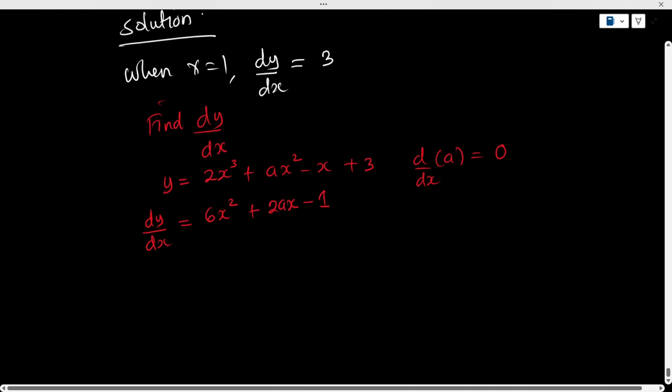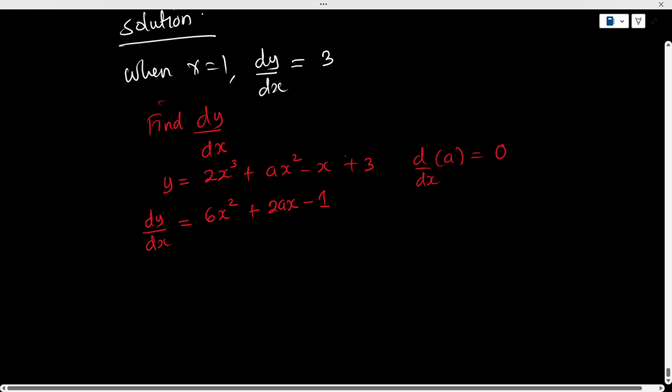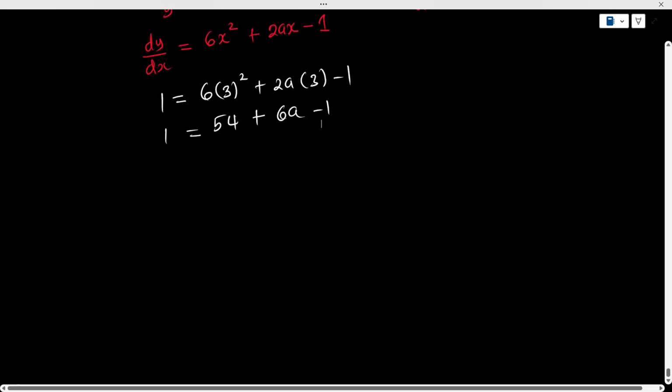So we're just going to plug in here. dy/dx is 3, and x is 1. So 9 times 1 squared plus 2a times 1 minus 1. This is 9 plus 2a minus 1.